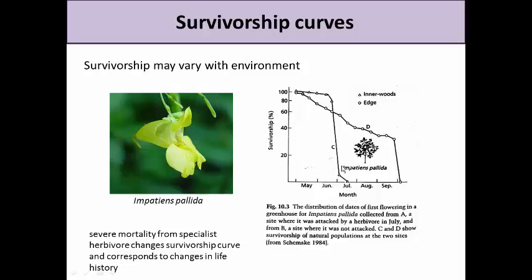This population looks more like type 3 survivorship, where there's a lot of survivorship and then whoosh, right down. This one has a more steady decline. What you get in the difference between these two populations of very closely related organisms, I mean, it's the same species, just different populations, is that there's a specialist herbivore, pardon me, and that can really change your survivorship curve. And then it can actually have dramatic effects on life history.